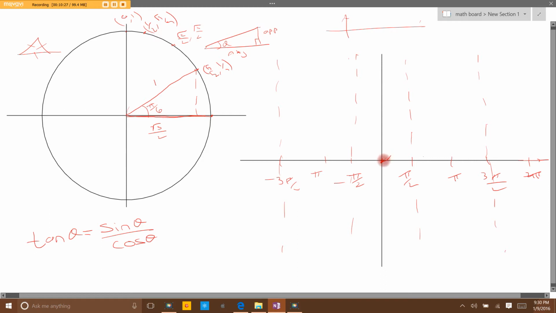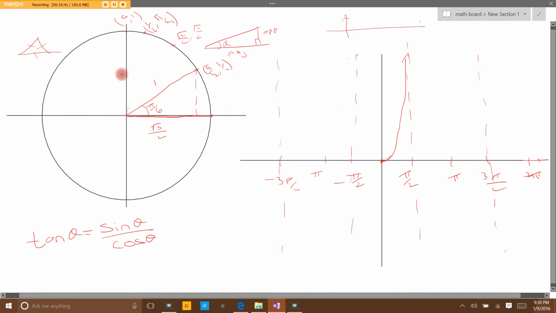Anything over a value approaching 0 is undefined, or starts to go to infinity. That's supposed to be an asymptote. So it's approaching this asymptote, and it's rising to infinity, right?